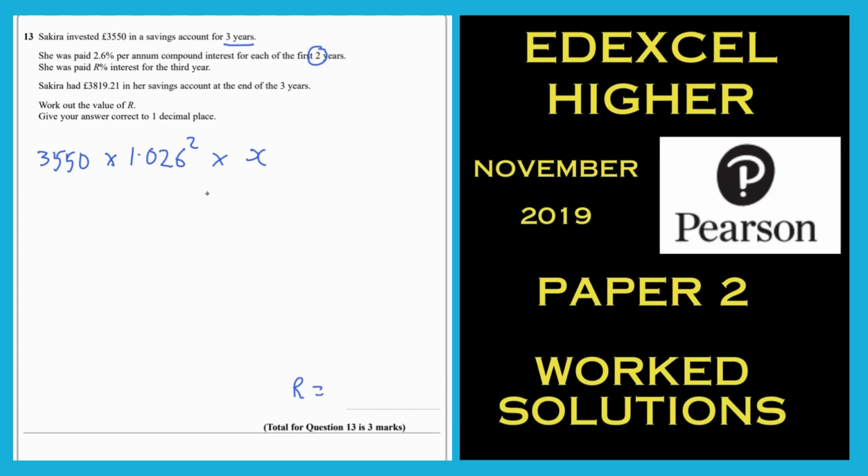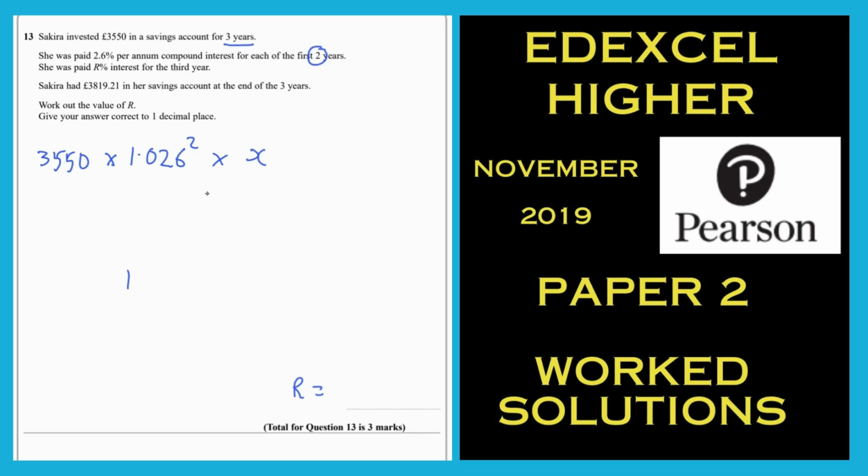I'm just going to say a multiplier, because the way I'm doing it, I'm going to get an answer of 1 point something. R will not be 1 point something, but we're going to get 1.0379 or something like that, in which case R will be 3.7%.